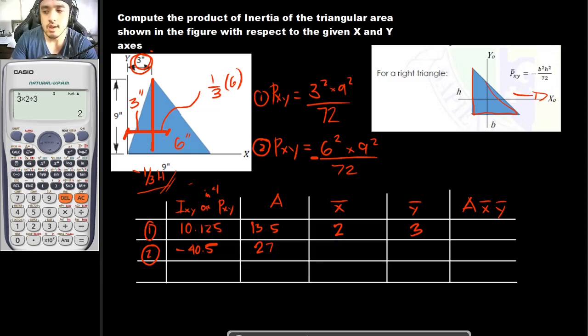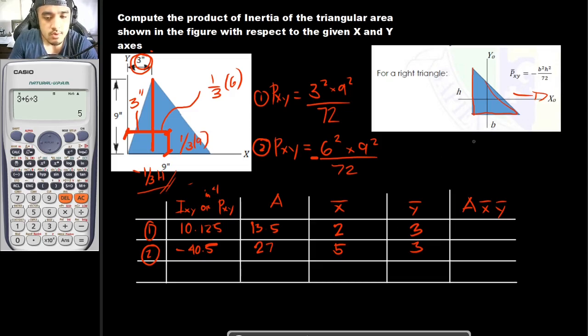Looking once again to the calculator to your left, that is 3 plus 6 over 3, so that is 5 inches. And as for our y-bar, that would be this height right here, and that is equal to 1/3 of the height. So 1/3 times 9 is also 3 inches.